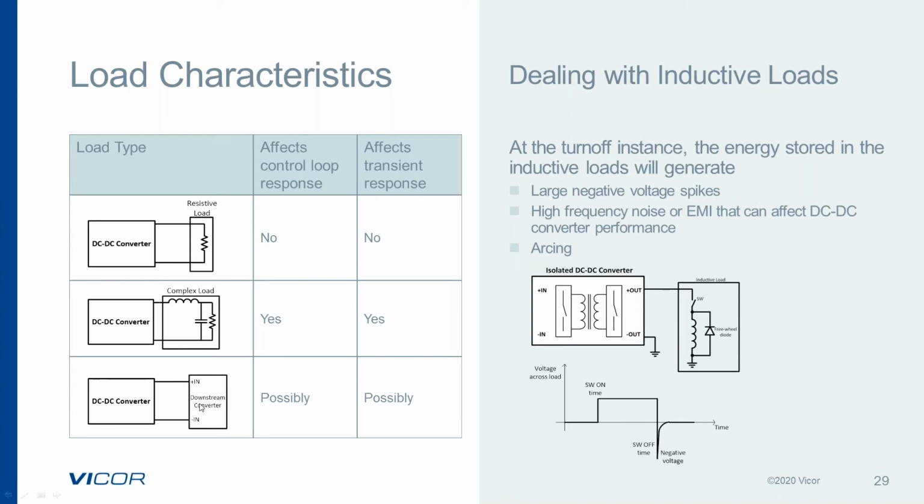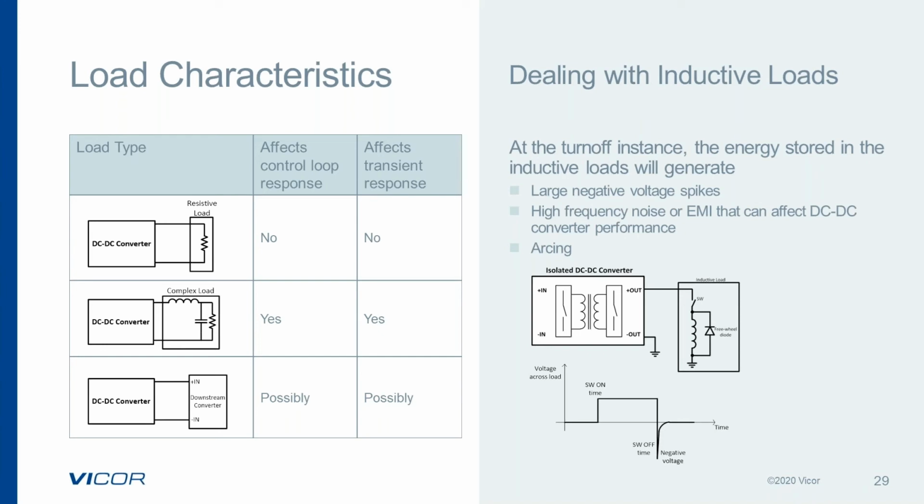Downstream DC to DC converters can possibly have an effect on the output of my DC to DC converter. Now I have another negative impedance on the output of my DC to DC converter. This can give us control loop effects where we have an unstable system. So that's a particular load where we really have to pay close attention to how the system is operating.